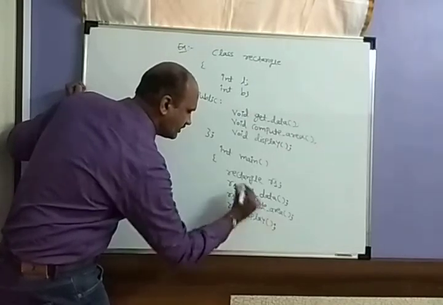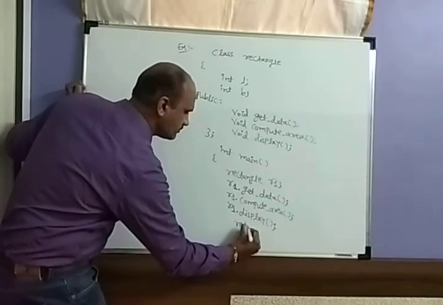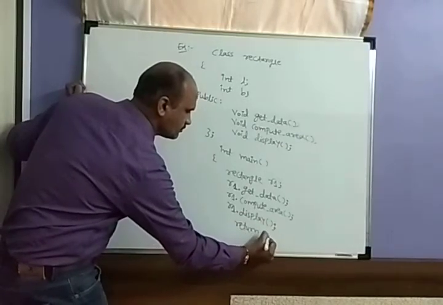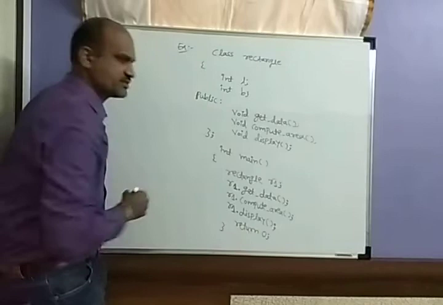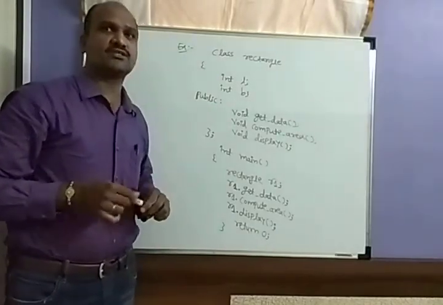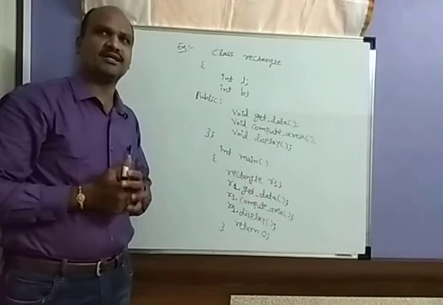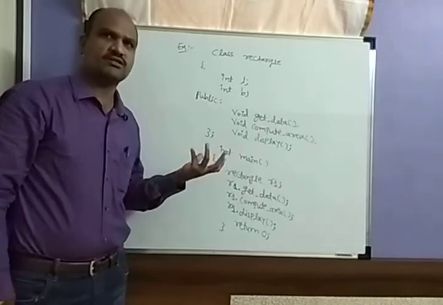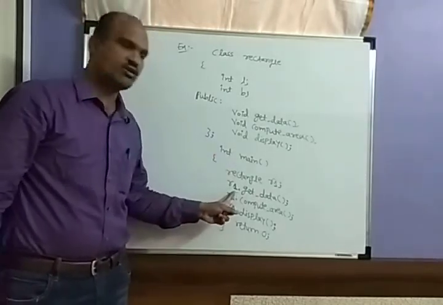Then return 0 and close the brace. We are not writing anything inside the functions yet, we are just showing how to access them. This is how we can access member data or functions using the dot operator.